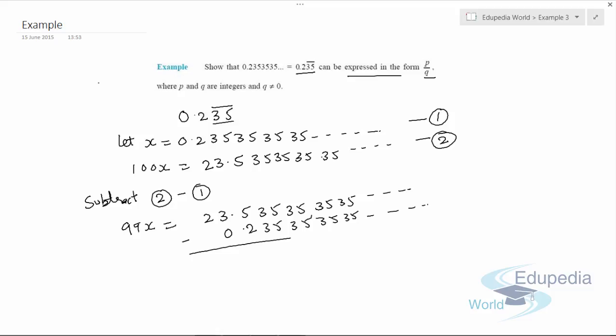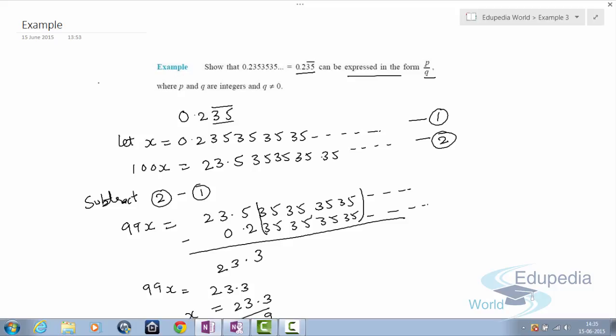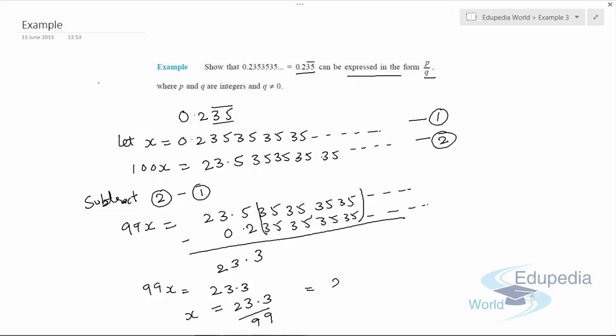When we subtract this, this whole part will get cancelled out. So what we get over here is 23.3. So 99x equals 23.3, so x will be equal to 23.3 upon 99. Further simplification will give us the number as 233 upon 990, which is a form of p by q.